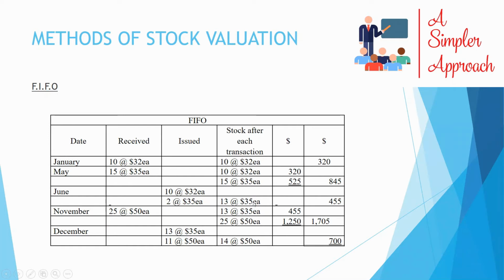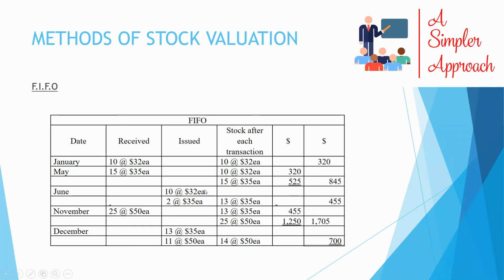Stock after each transaction, 13 at 35. Let me go over that again. The person needs 12 units of stock. I am going to sell them the first set of goods that came in, that was in January, 10 at 32. See there, under the issued column, this shows how the stock was issued. So we give them first the 10 at 32.